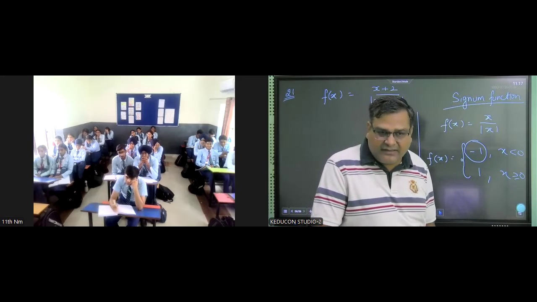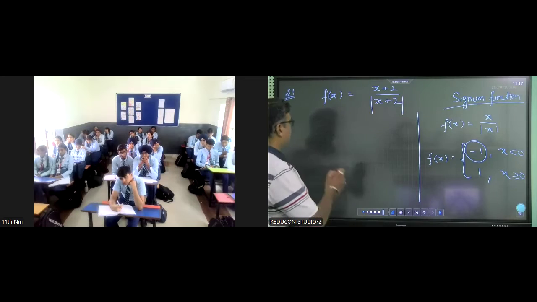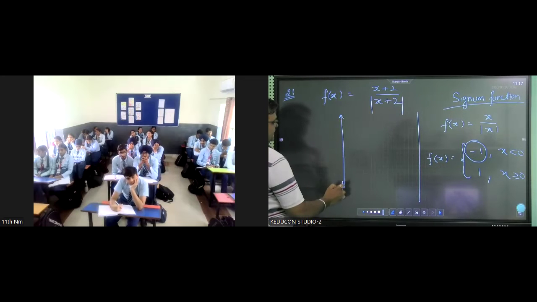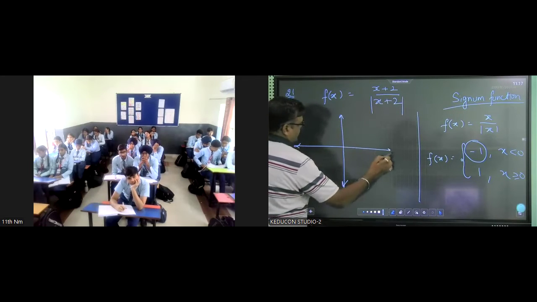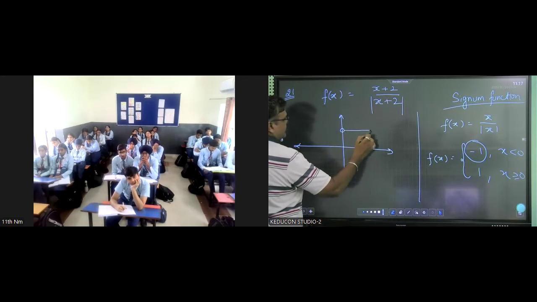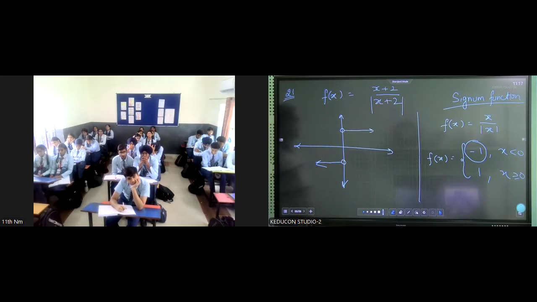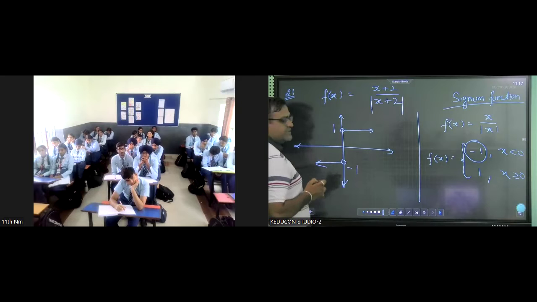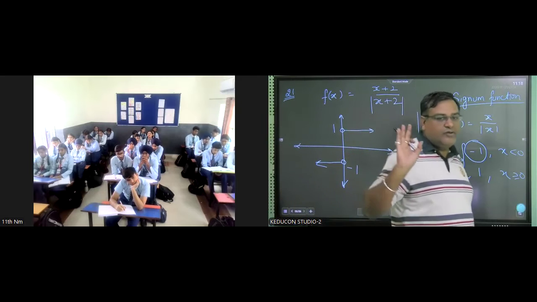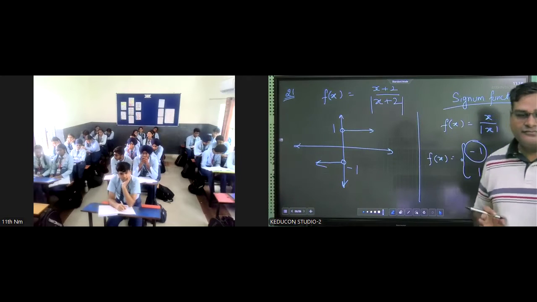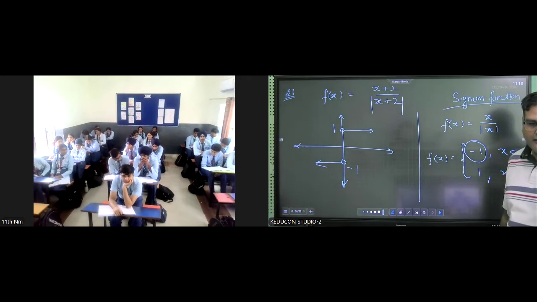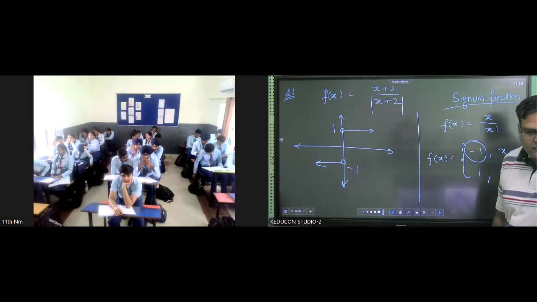Is it clear? अगर आपको याद हो इसका ग्राफ, take the graph of this function. What was the graph? It was like this. Do you remember? अपनी एनसीईआरटी बुक ओपन करना बेटा, you will find this graph. Okay or not?